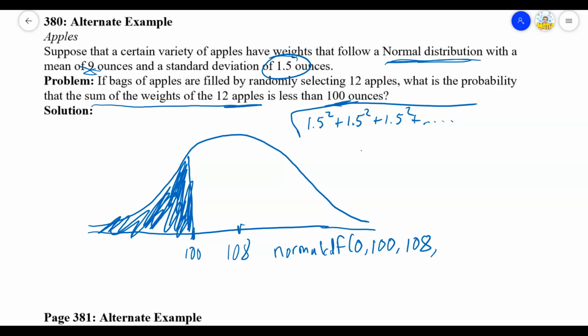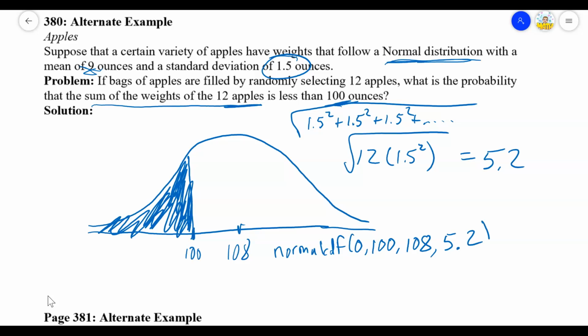Hopefully you can see that this is really just 12 times 1.5 squared, so why not just multiply by 12 and then take the square root? That's my standard deviation for the weights of the 12 apples combined. I added the variances. Variances always add.